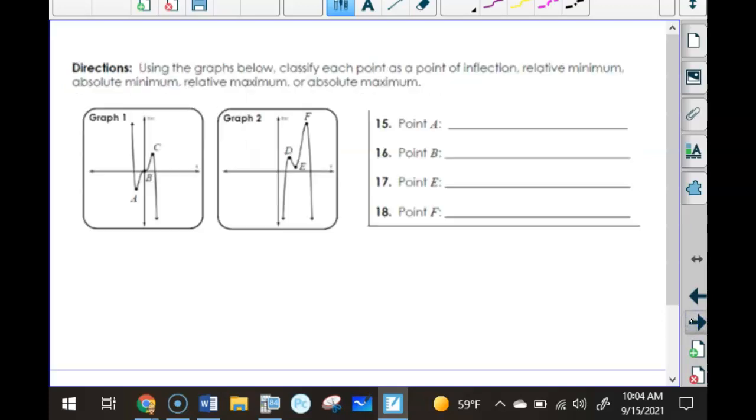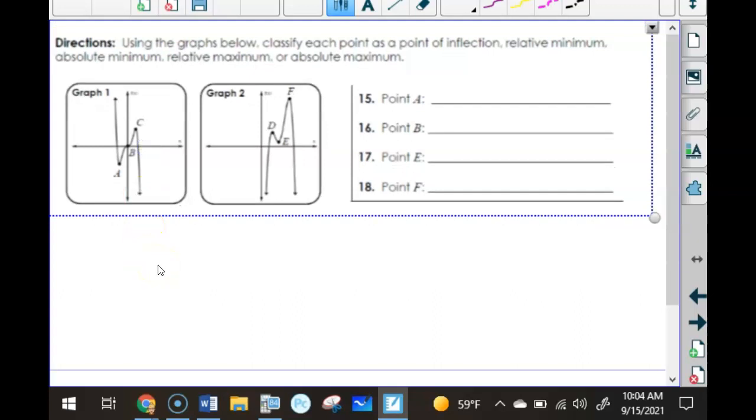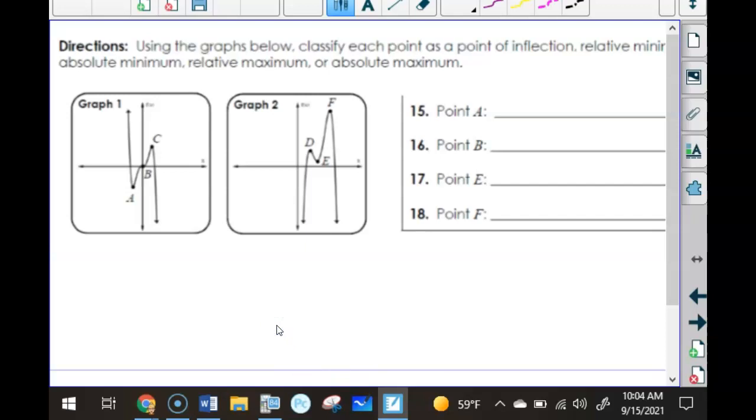How about we just go over this slide real fast? What is point A called on this picture? Can you see those? I like this slide. Because the arrows go up and down forever, A would be a relative min. What's B? If you read the directions, it has one we haven't talked much about yet.